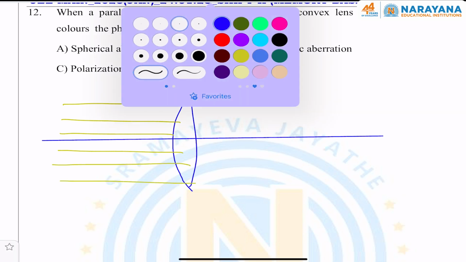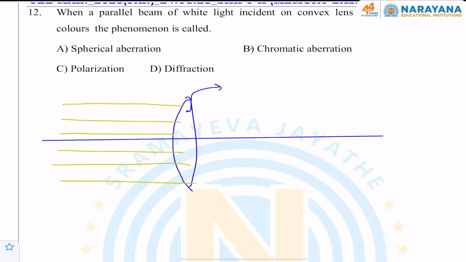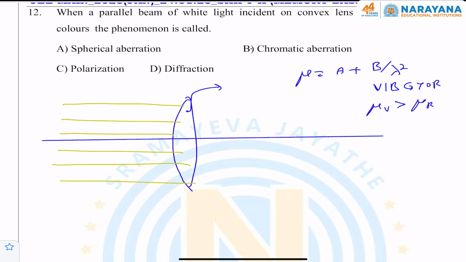See here, the refractive index offered by the material of the lens is different for different colors. According to Cauchy's relation, refractive index can be written as some constant A plus B by lambda square. In the spectrum of VIBGYOR, violet has the least wavelength, so the refractive index offered for violet is more than that of red. More is the refractive index, more will be the deviation suffered.